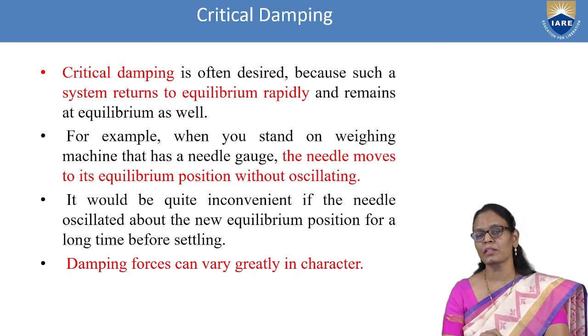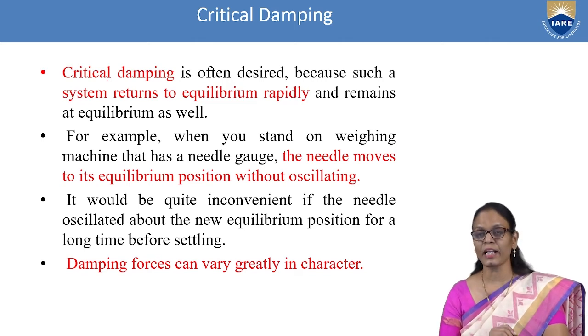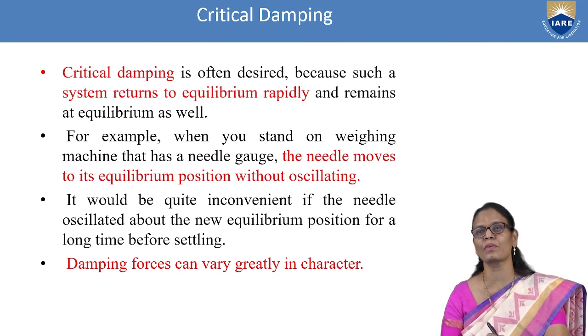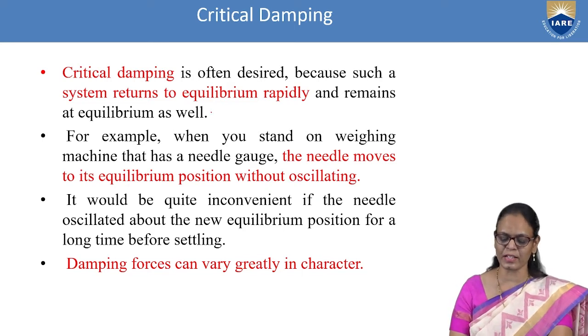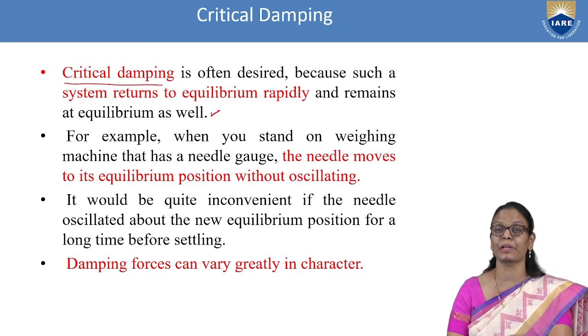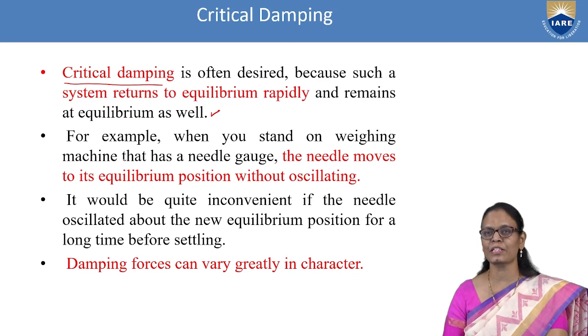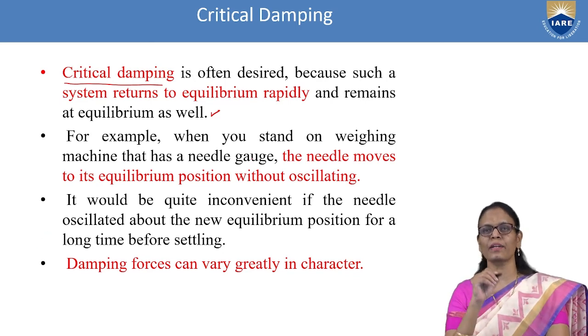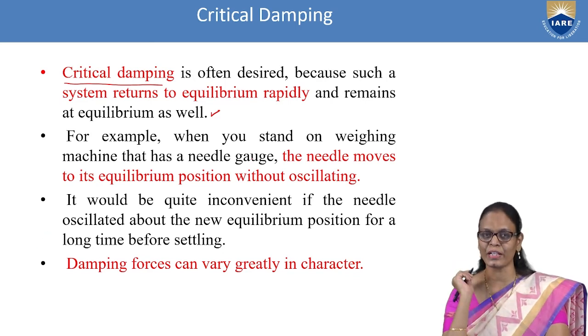Now, where are the areas where we need critical damping? Critical damping is often desired when the system returns to equilibrium rapidly and remains at equilibrium. For example, when you stand on a weighing machine to check your weight, if it is an analog one and not a digital one, there is a needle.